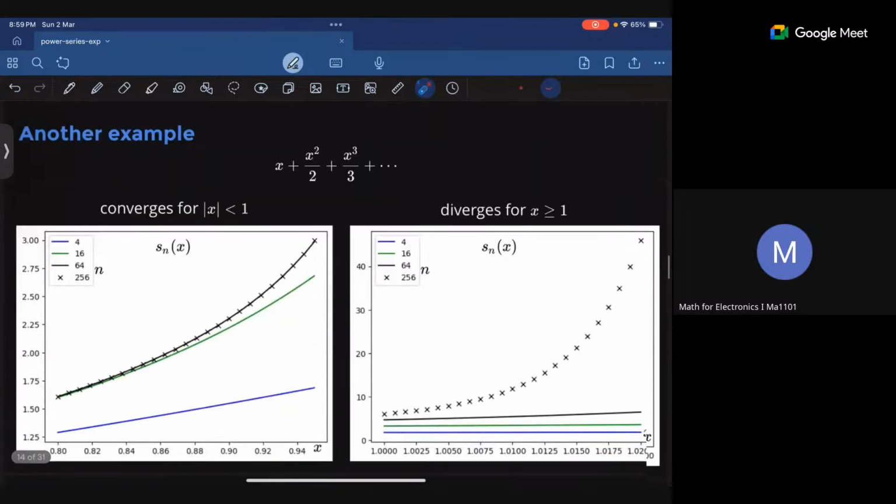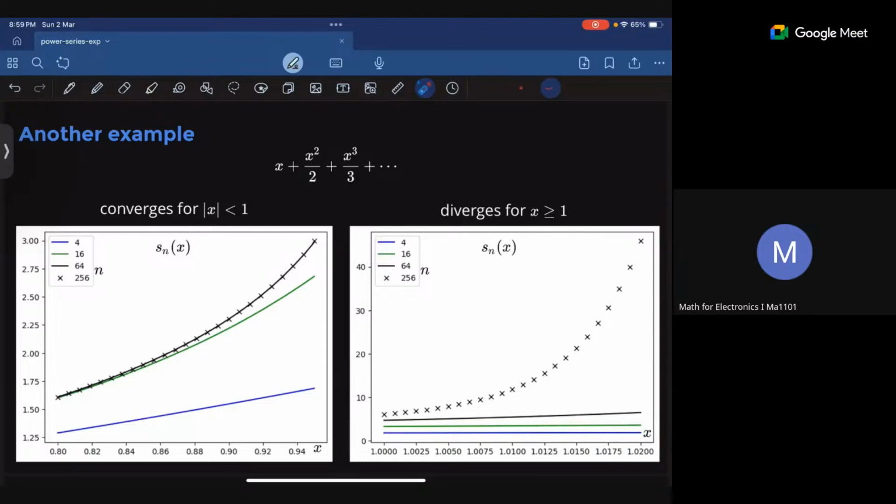There is one more example, which is x plus x square by 2 plus x cube by 3 and so on. In future you will see that this is nothing but log, or if I have to be more specific, minus log of 1 minus x. We'll see that in future, but as of now, you see that this is also a power series.